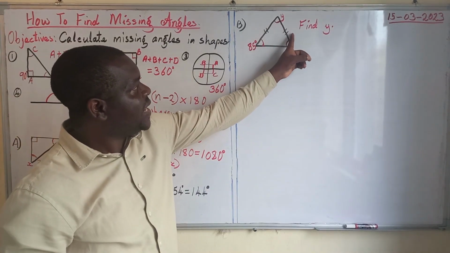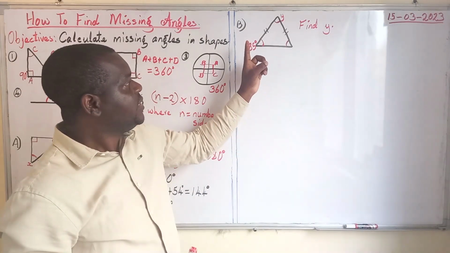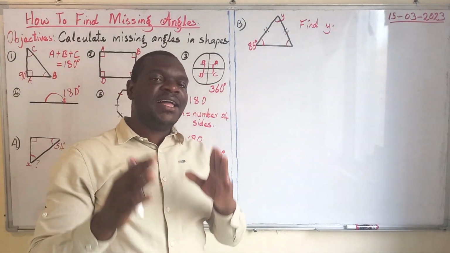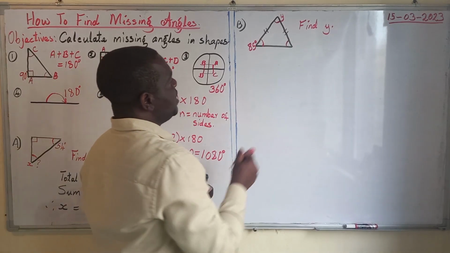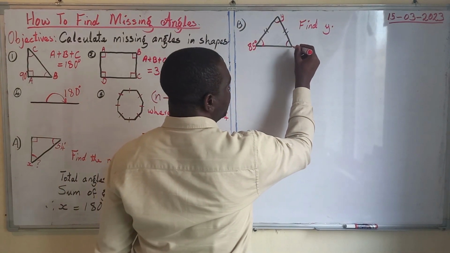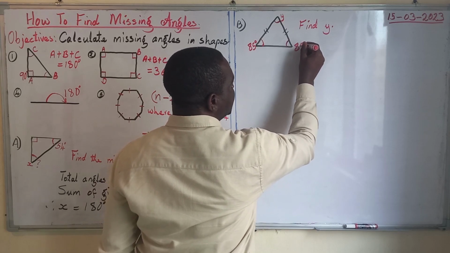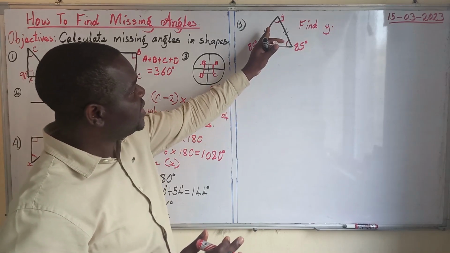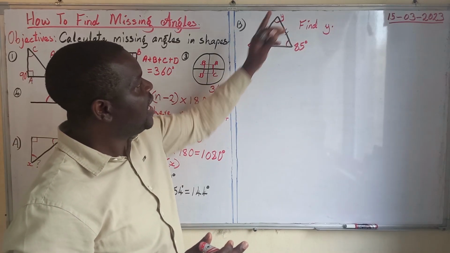Where two sides are equal, the two angles opposite these two sides are equal. That means if this angle is 85 degrees, therefore this other angle is 85 degrees. With this information, we can easily find the missing angle.